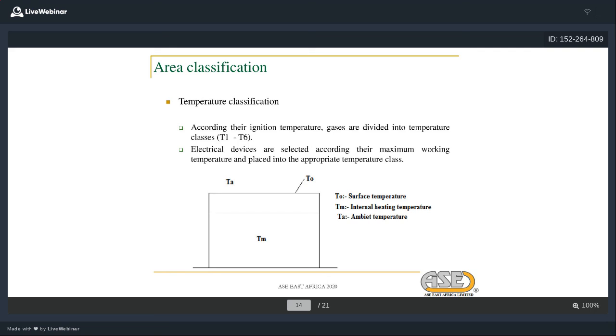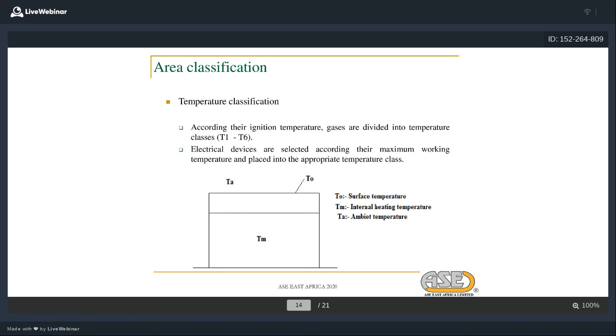And we have the surface temperature, TO, the maximum temperature of the device, and TM, the internal heating temperature, the internal temperature of the device. If temperature TO exceeds the TA, the ambient temperature, and the place contains explosive material, what will happen is an explosion. So the temperatures are classified into 6.